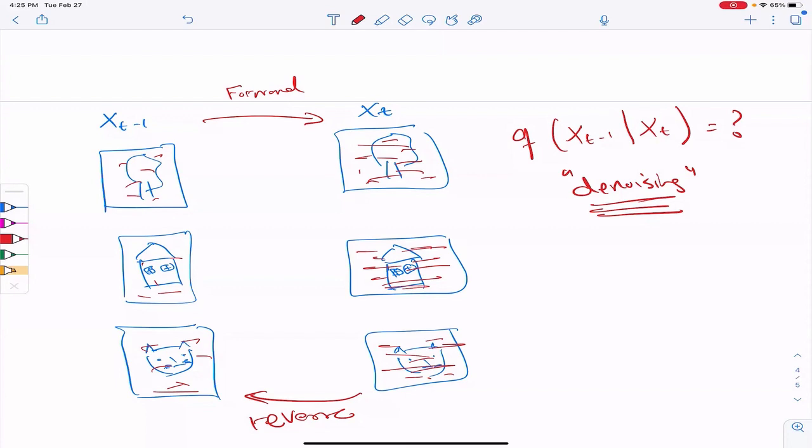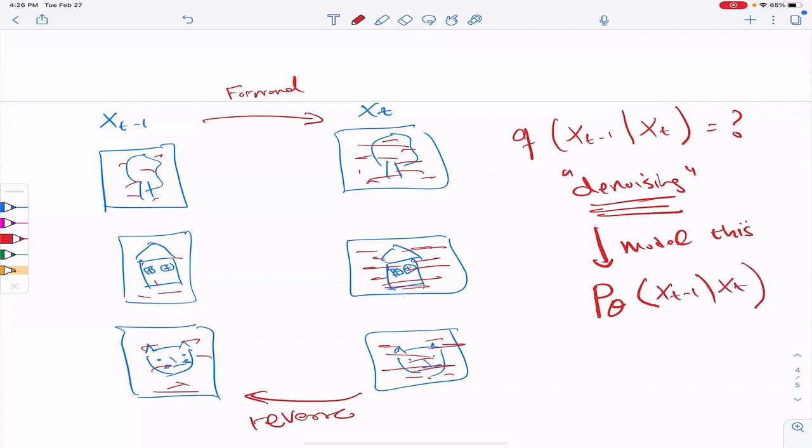Okay, so instead of having this probability, I'm going to approximate this, or model this, that's a better word, using a parametric distribution, p theta of xt minus 1 given xt. And theta is my set of parameters. So now I'm a new God.